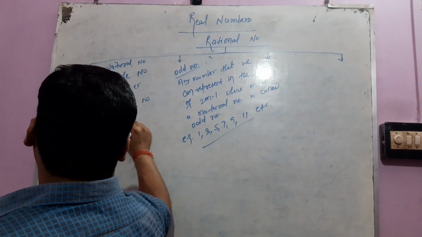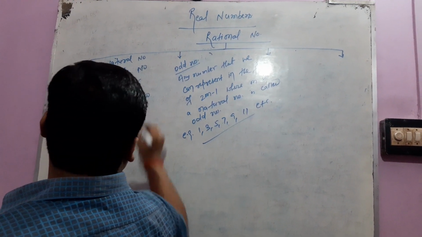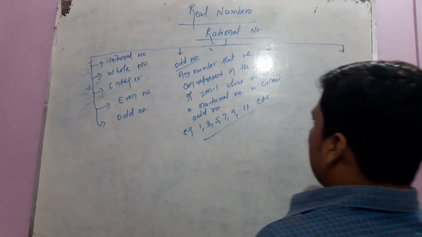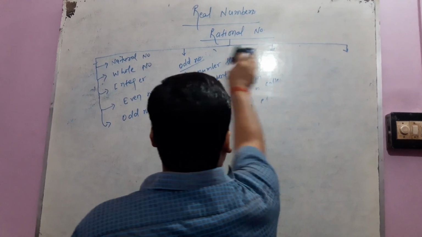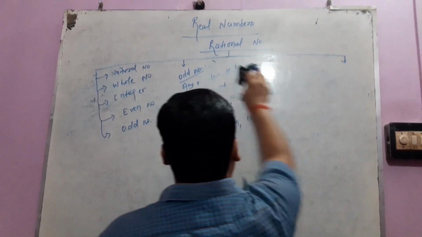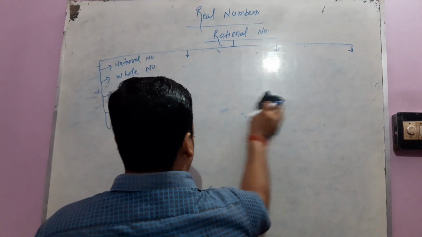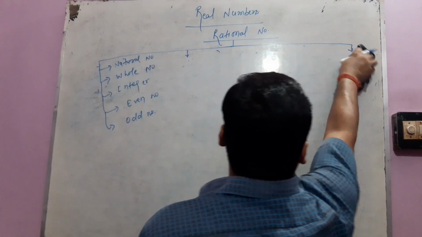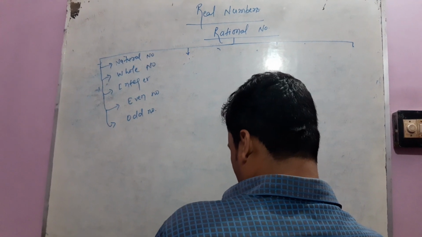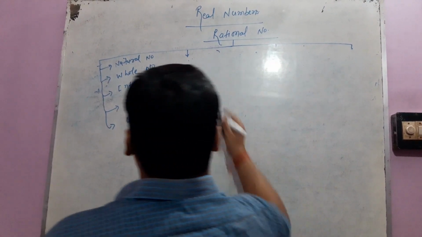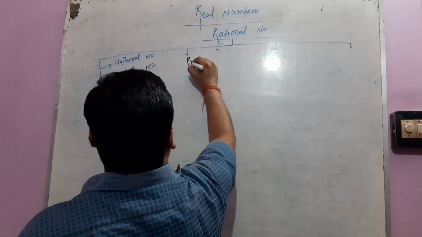After the odd number, the next type of rational number is the prime number.